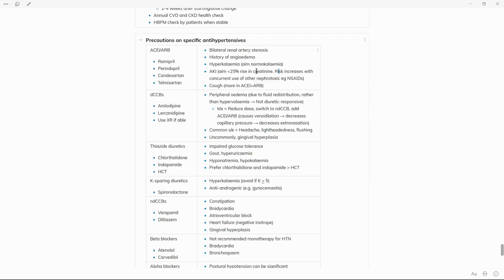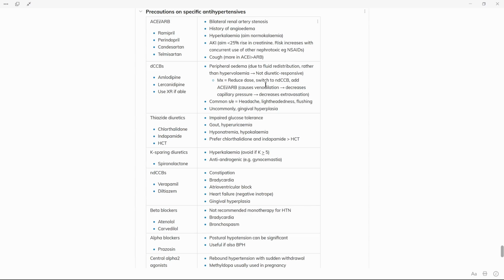There's a greater risk of developing AKI in patients starting an ACE inhibitor or an ARB if they are concurrently using other nephrotoxics such as non-steroidal anti-inflammatories. If the patient develops a creatinine rise that's greater than 30% and it continues to rise, then we need to be suspicious of the patient possibly having renal vascular disease. A possible side effect of ACE inhibitors and ARBs is cough, which is more prevalent in ACE inhibitors than ARBs.